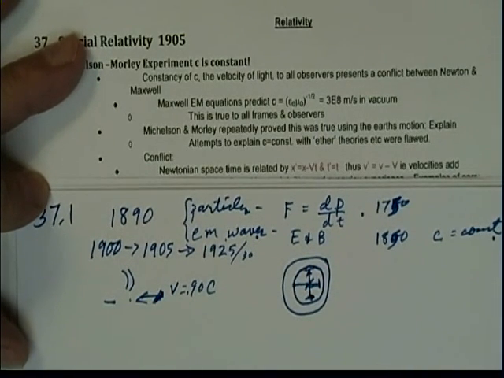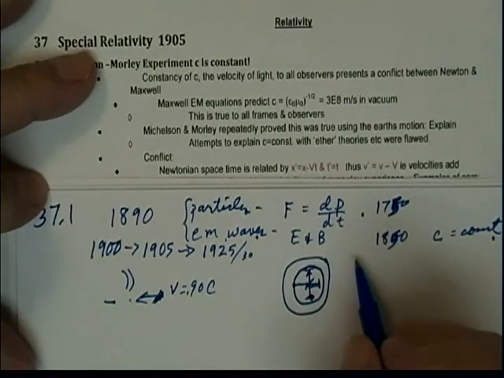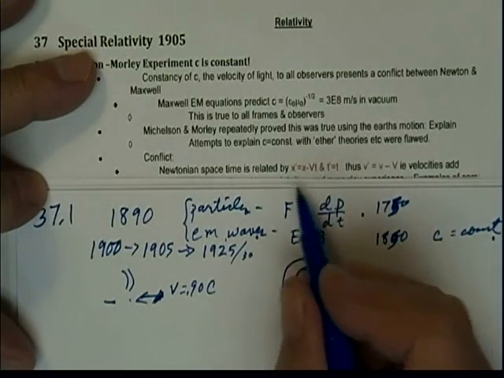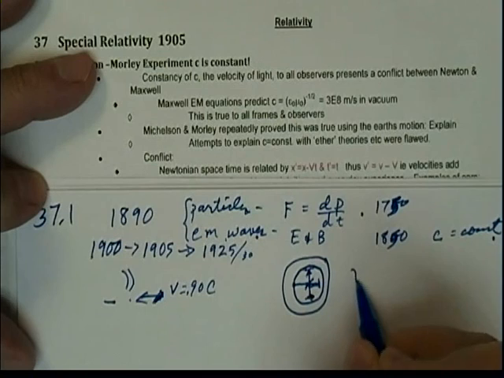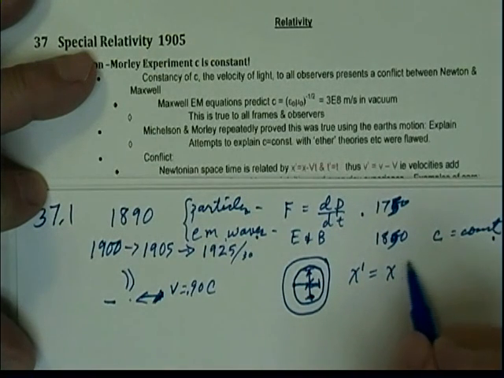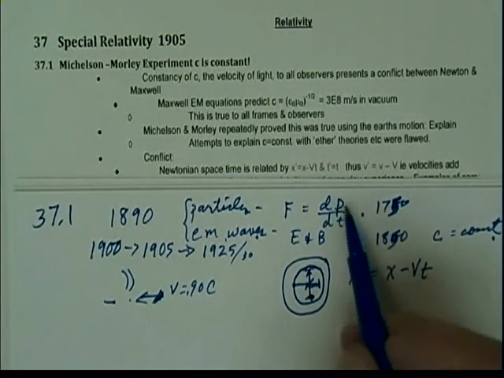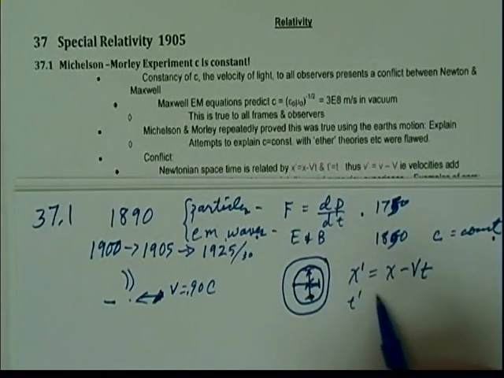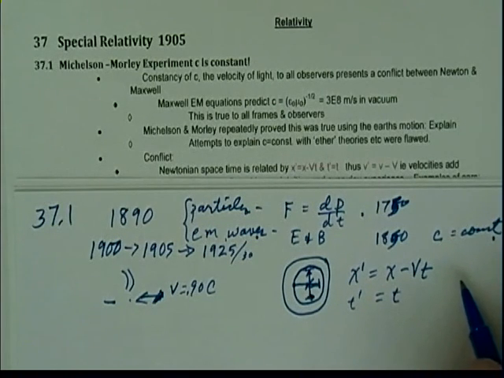This conflict was very serious because it basically said that in Newton's theory of space and time, the distance x is equal to the position in another frame x' plus velocity times time, and that time in another frame is always equal to time in the first frame.